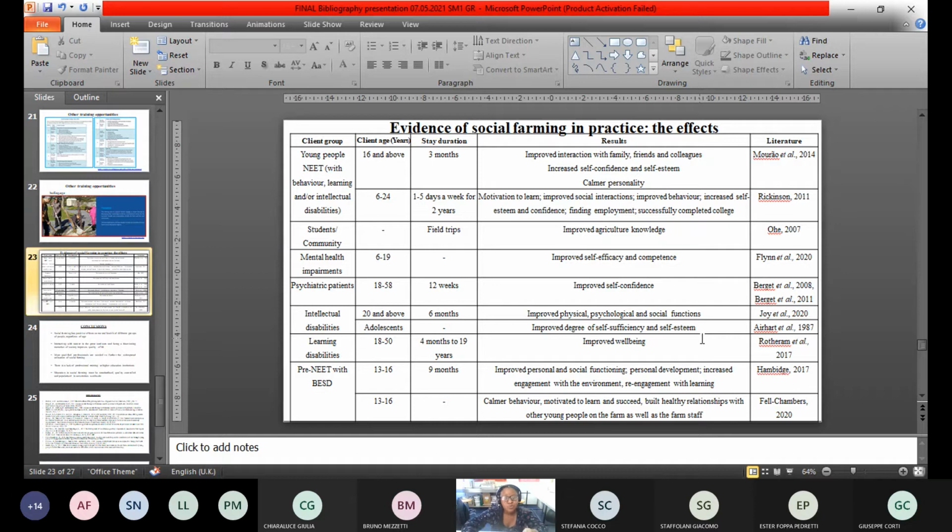The target group was aged 16 and above, who stayed on the farm for 3 months. It was noted that the youngsters had improved interaction with their family, friends, and colleagues, and they had also improved self-confidence and self-esteem and exhibited calmer personalities compared to when they had arrived on the farm.